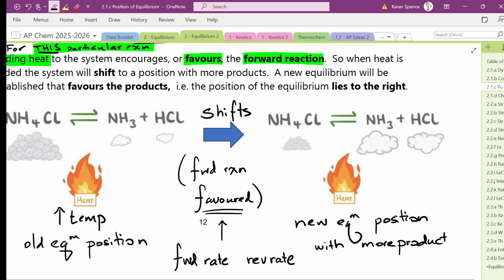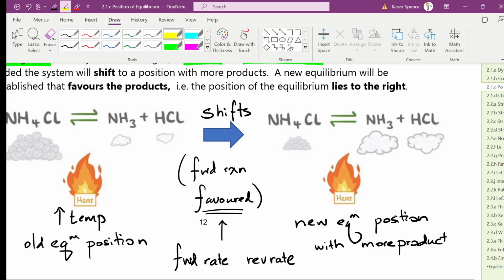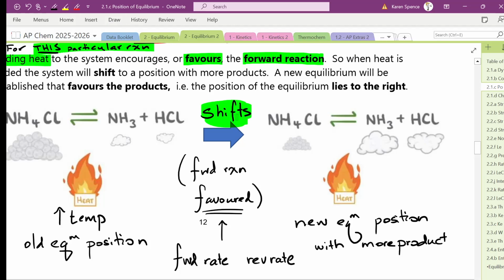What do you think? Are those rates different? Are they the same while it is shifting? If we are shifting, if we're making more product, which rate is faster, or are they equal?